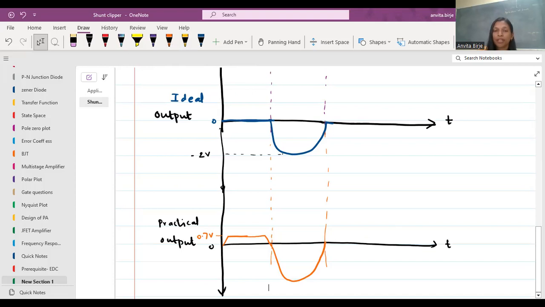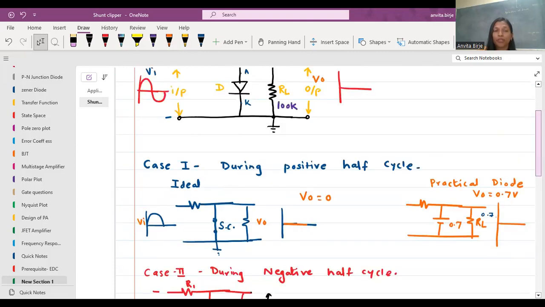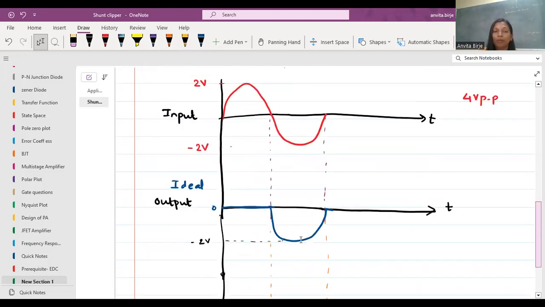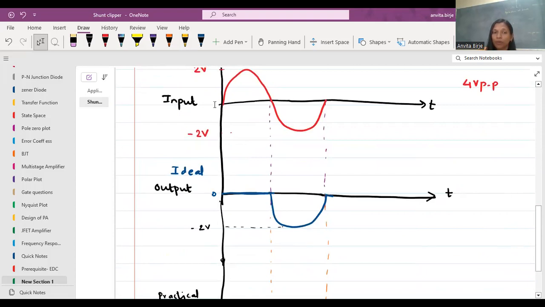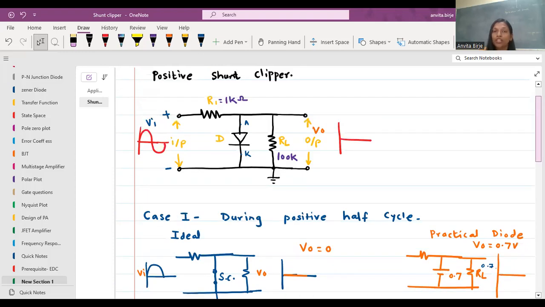So this is the explanation of the positive clipper, positive shunt. Why is it known as positive shunt? Because it is clipping the positive cycle. If you see the output waveform, this is the input positive half cycle and this is the negative half cycle. At the output, your positive half cycle is clipped off, removed. So it is known as a positive clipper. And the load resistor RL is connected in parallel with the diode. That's why it is known as a shunt clipper.